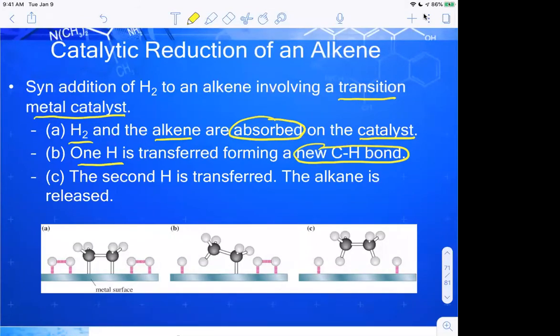And then the second hydrogen is transferred and the alkane is released. So when you think about this, I'm forming this bond here, and then I form this next bond. And it's on the same side because of that absorption onto that metal surface.